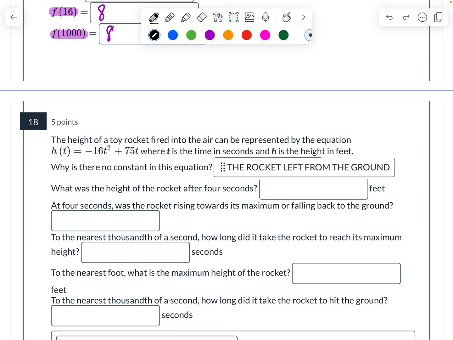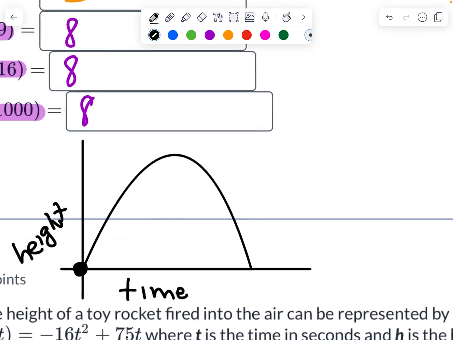Let's try one more time. This is time. This is height. And this is a quadratic. That's going to take on this shape. And there's no number at the end, so it's going to begin at the origin. Okay?